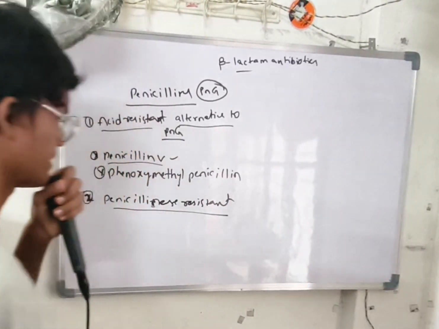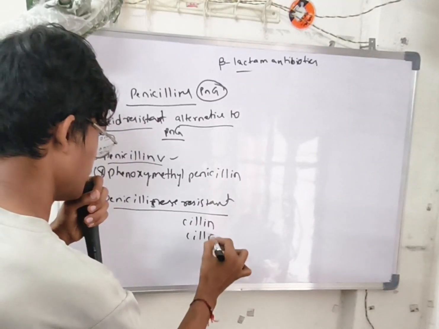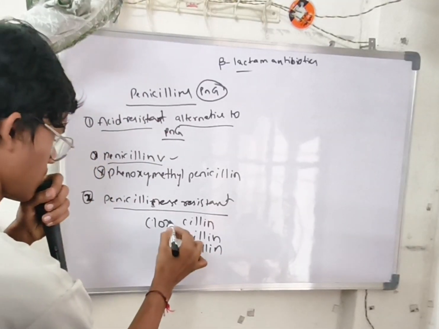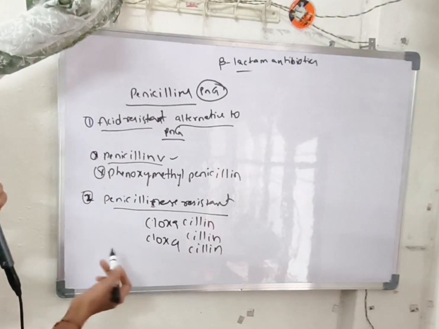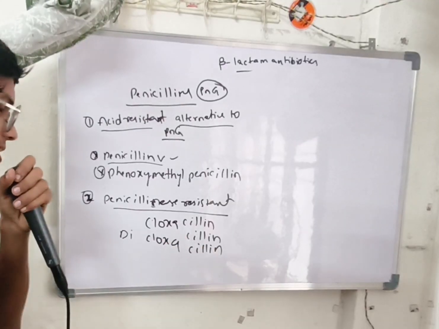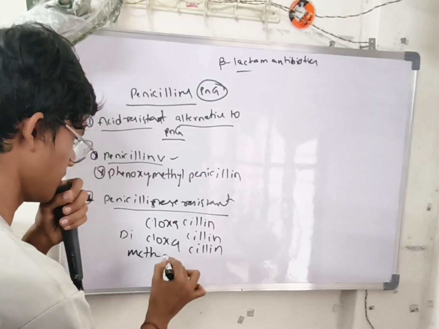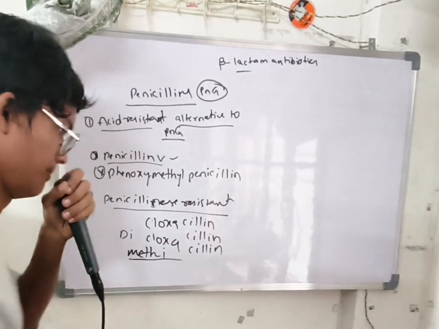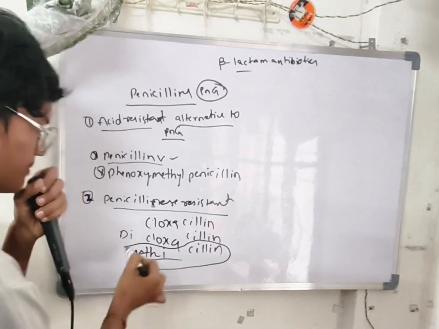Here write cloxacillin, and add di: dicloxacillin, and one more, methicillin. Three drugs: cloxacillin, dicloxacillin, and methicillin.